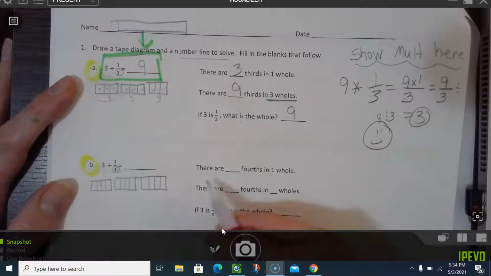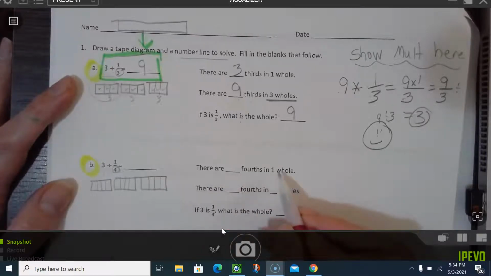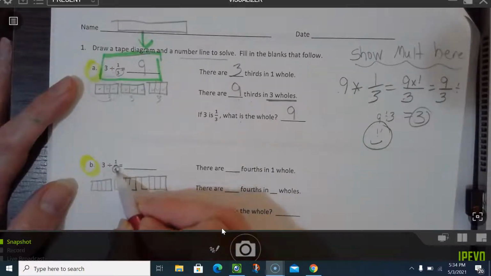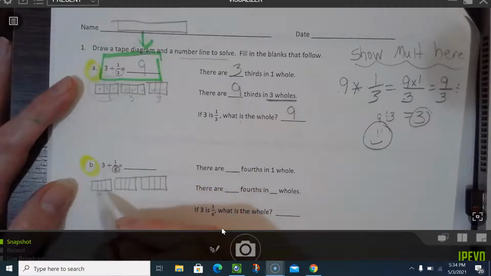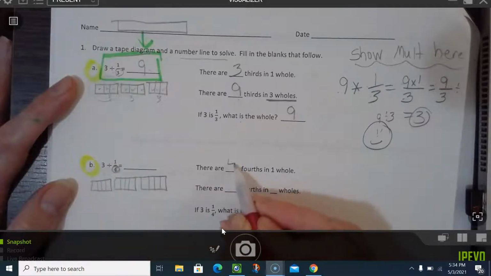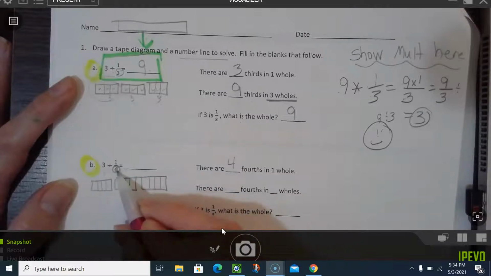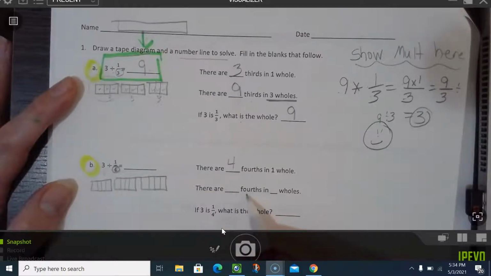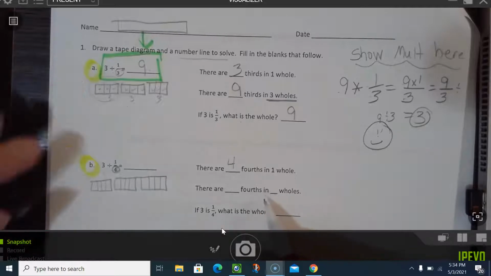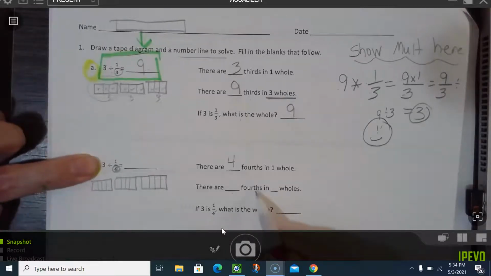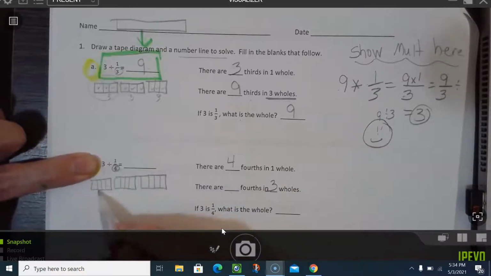So there are blank fourths in one whole. Well, if I'm looking at one of these, 1, 2, 3, 4, there are 4 fourths to make one whole. There are blank fourths in blank wholes. Well, here they are leaving out the information. So I've got 3 as my whole number. And how many do I have all together?